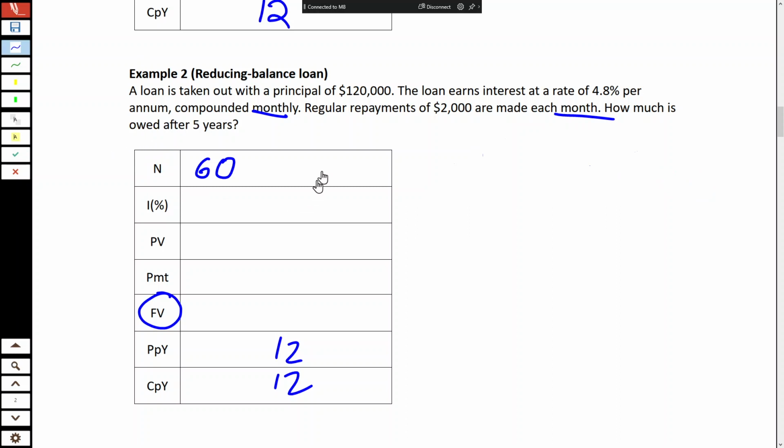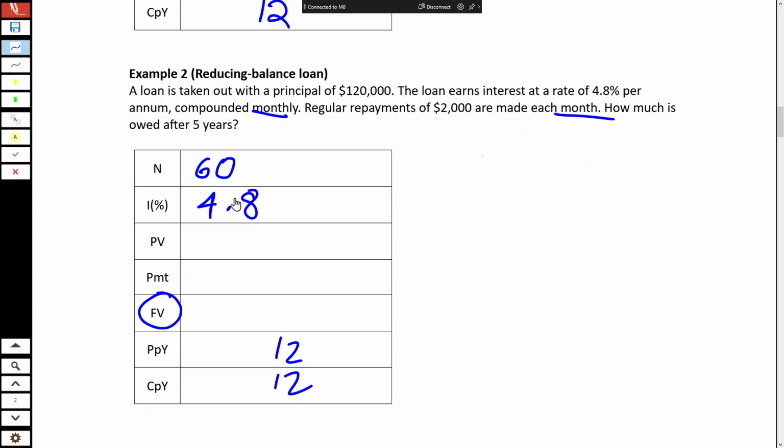Okay, Tim, what's the interest rate? And why don't I divide by 12? Annual interest rate, very good. Okay, Jason, what's the present value of this investment? Is it 120,000? Positive or negative? Positive? Why is it positive? Because you're getting the money back.